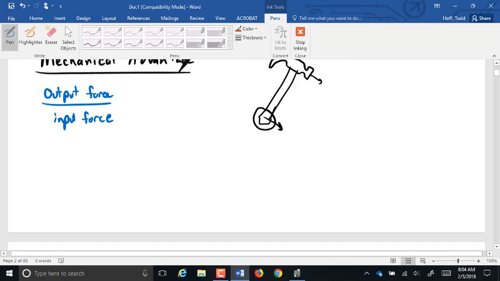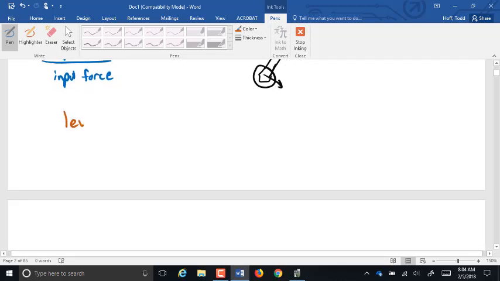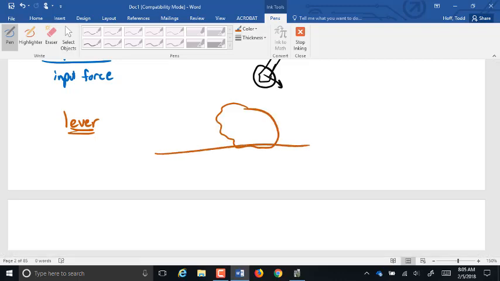For example, a lever, or a lever, depending on who you're talking to. If I want to lift something, let's say I have a heavy object here that I want to move, I can set up a fulcrum, a pivot point for my lever.